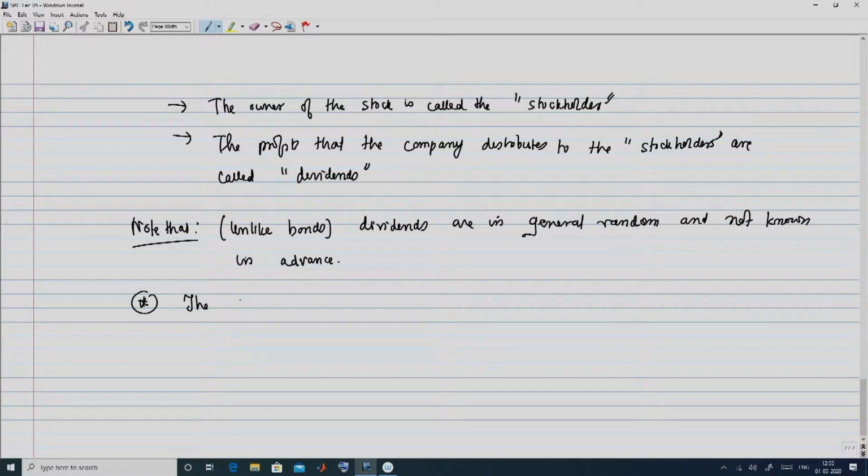And this uncertainty of dividend payments, that is the non-existence of guaranteed nominal value.